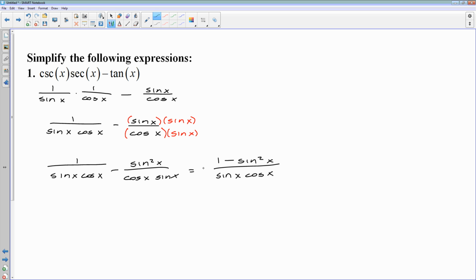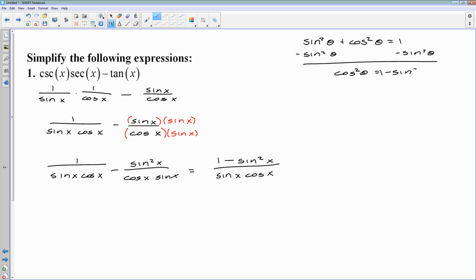Now I've got to find a way to play with this. 1 minus sine squared kind of looks familiar. Do you remember that King Mama Jama trig identity I told you about? Sine squared plus cosine squared is equal to 1. If I subtracted sine squared from both sides of this equation, I would end up with cosine squared theta is equal to 1 minus sine squared theta.